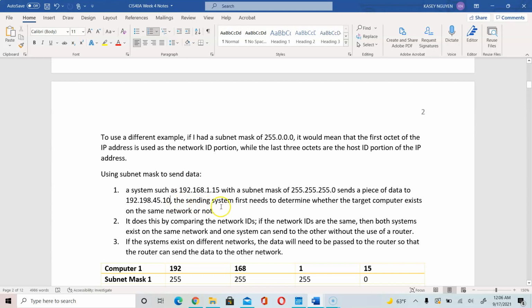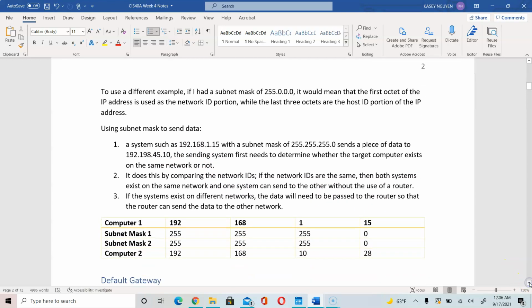It would first need to determine whether the target system exists in the same network or not. It would do that by looking at the subnet mask to compare the network ID. And if the network ID is not the same, then it would need to send the data to the router to be forwarded.